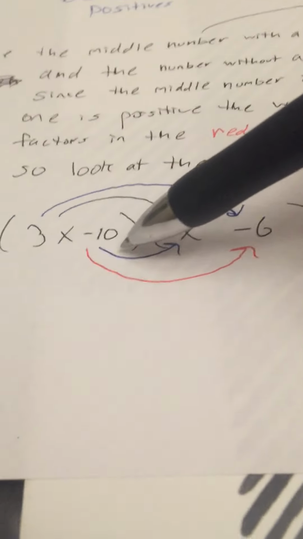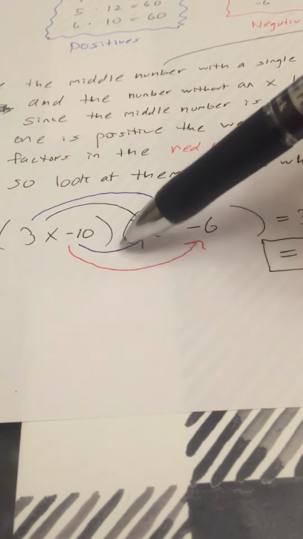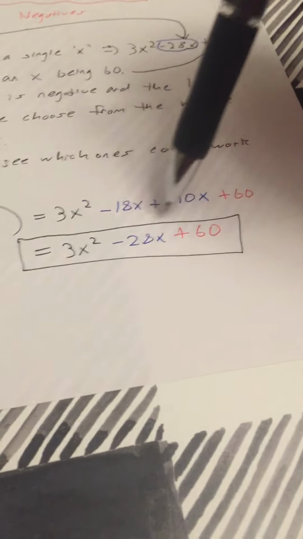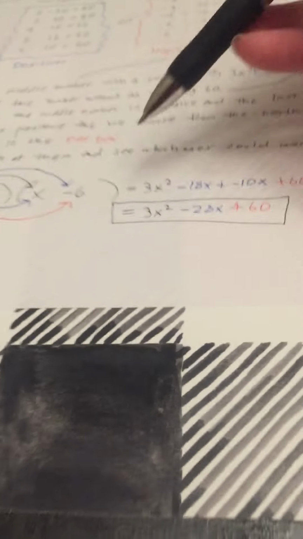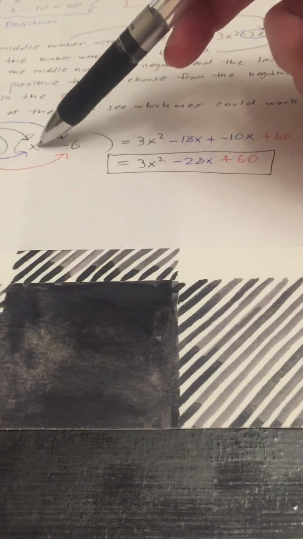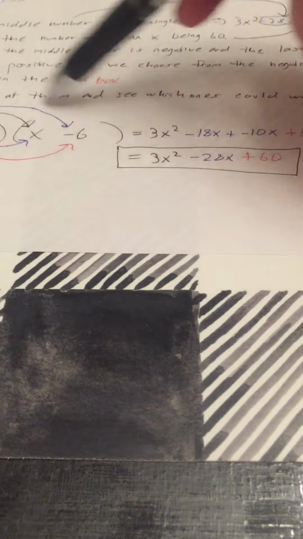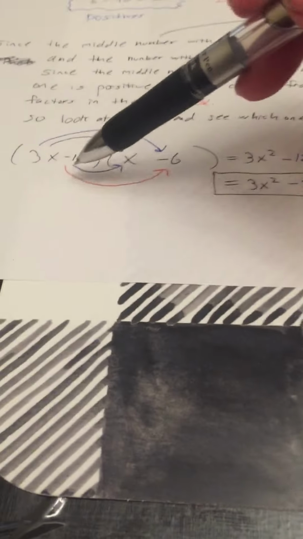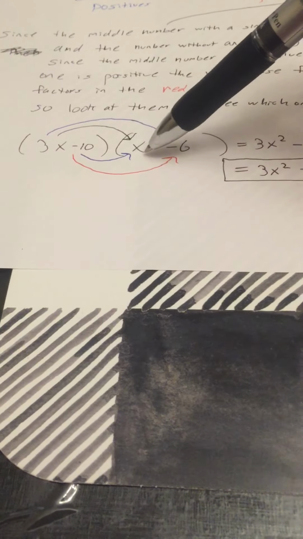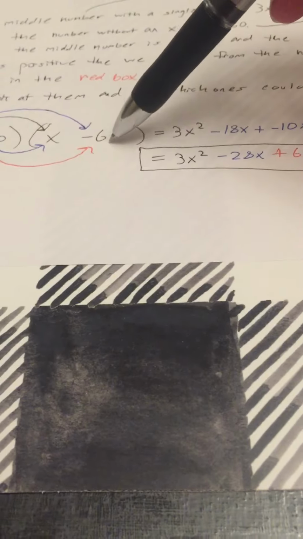Then we go to this number, and this one distributes to the x, that's in blue, so it's going to contribute to the same number over here. Negative 10 distributes to the negative 6. When 3x distributes to x, we get 3x squared. 3x distributes to negative 6, we get negative 18. Negative 10 distributes to x, negative 10x. Negative 10 distributes to the negative 6, we get 60.